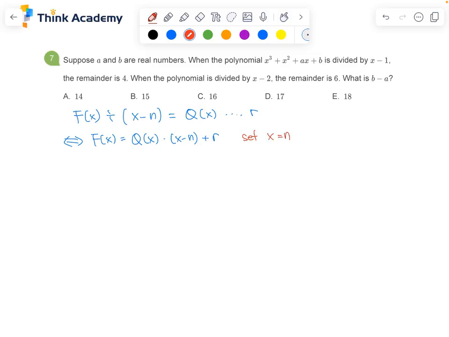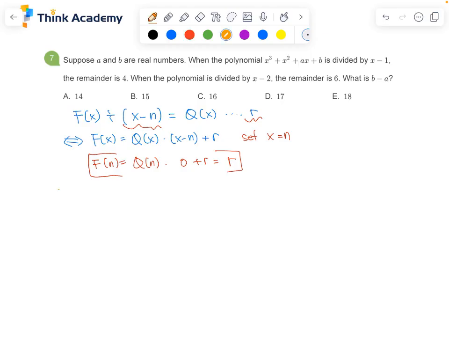Then I have f(n), which would just be q(n) times 0 plus r, which is just r. So if the remainder of dividing by x minus n is r, then f(n) would just be r. This is our useful conclusion.